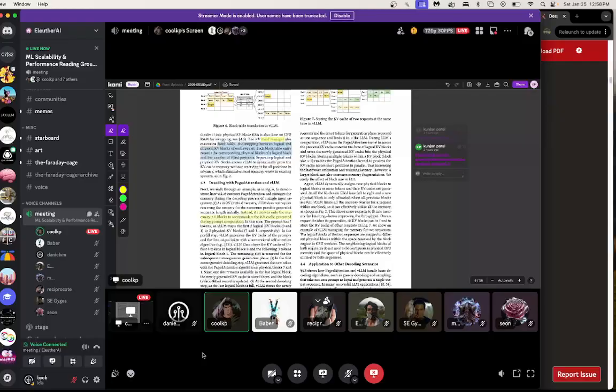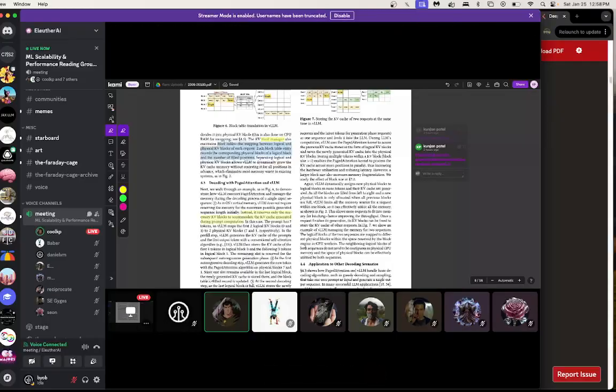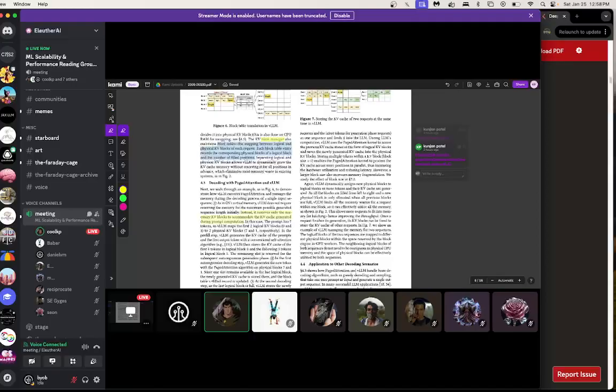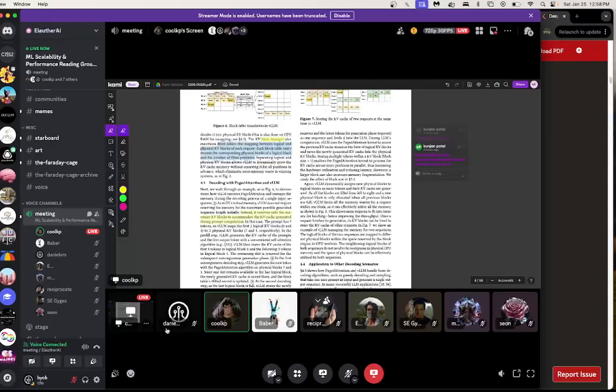However, a larger block size also increases memory fragmentation. This is the internal memory fragmentation specifically, because as I said, each block can only have one request. So if you have a larger block size, essentially you're undoing the gain of allocating memory dynamically, because when memory is allocated in blocks, and if your block size is big, then you're reserving memory basically for the future, which means that you can't really have new requests in the batch.